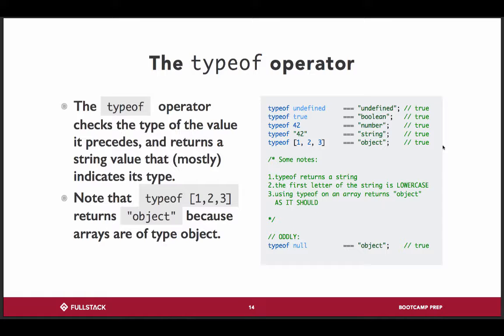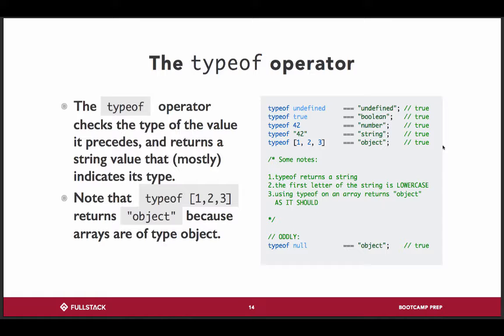One thing to note, all the object types, the array, the date, the regex, the object, and functions too. No, functions have a different type when you say typeof. If you say typeof array, it'll give you object. If you say typeof a regex expression, it'll give you object. If you say typeof null, it'll also give you an object.